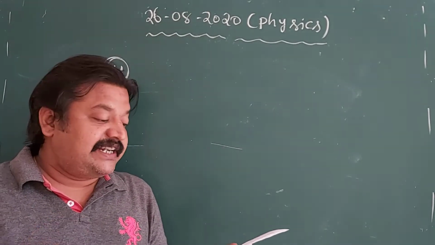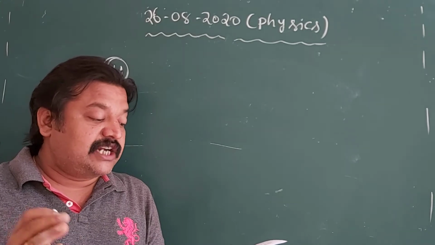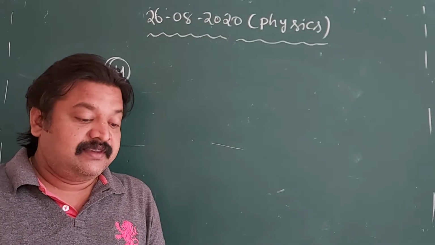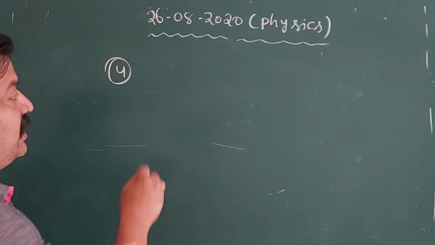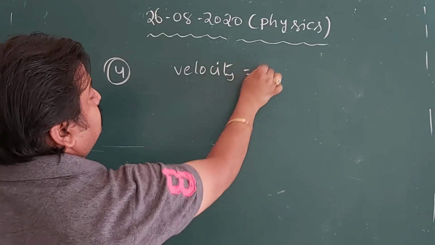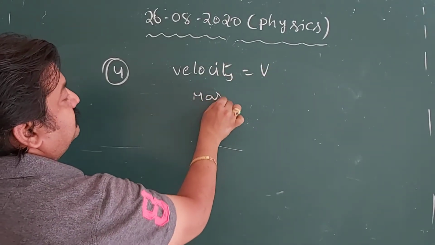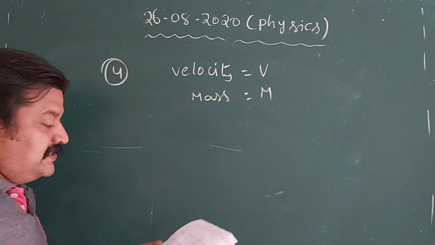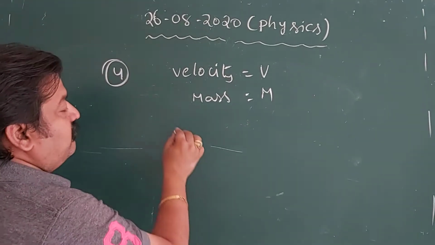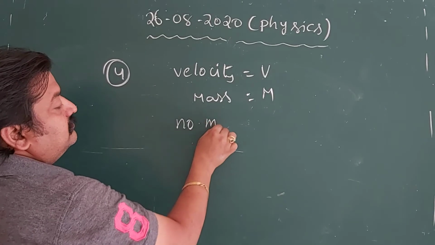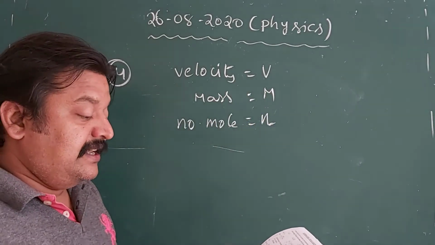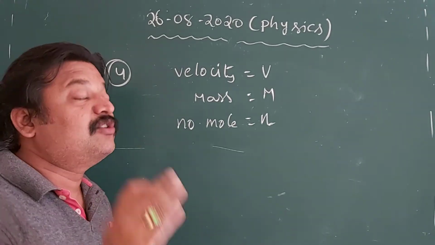A light container having a diatomic gas enclosed is moving with velocity v. Mass of the gas is capital M, and number of moles is N. The kinetic energy of gas with respect to ground they ask.